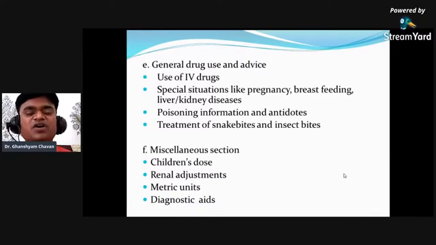Apply it immediately, or you can tie the area above, toward your heart. Apply a bandage or bands, which will stop the flow of the poison through the blood into your systemic circulation. Try to stop that passage.